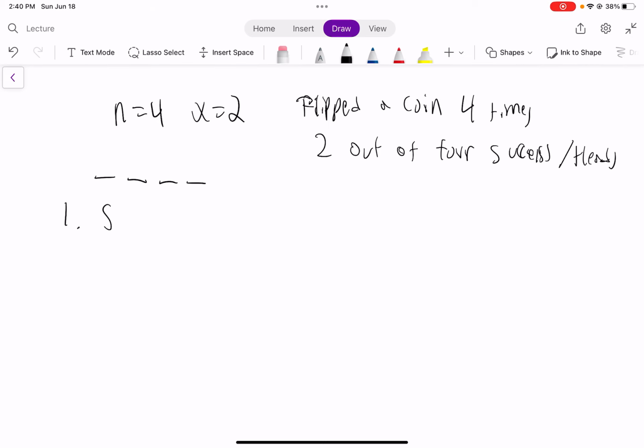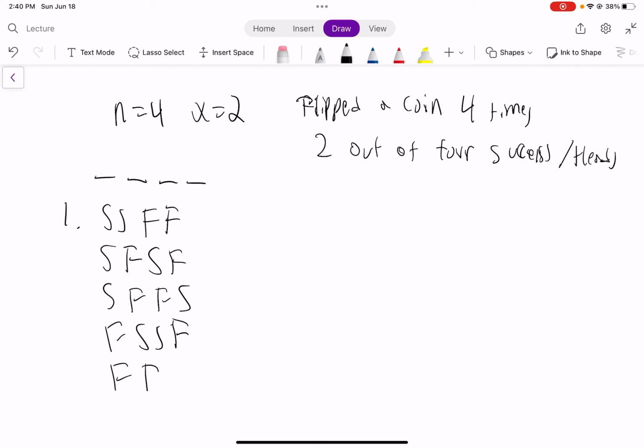Let's just say there's SSFF, SFSF, SFFS, FSSF, FFSS, and then FSFS. Okay? Let me just double check I did that right. Looks about right. So there's 6 possible ways to do this.